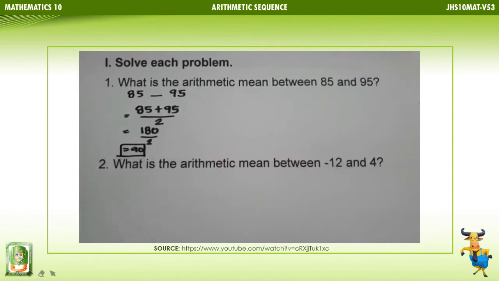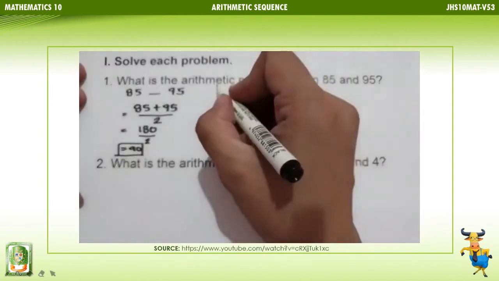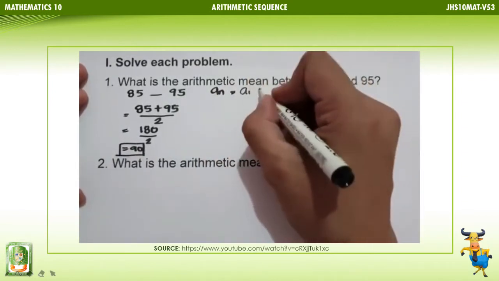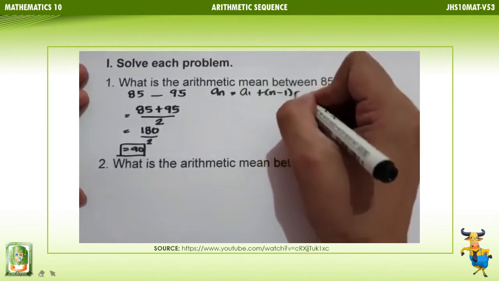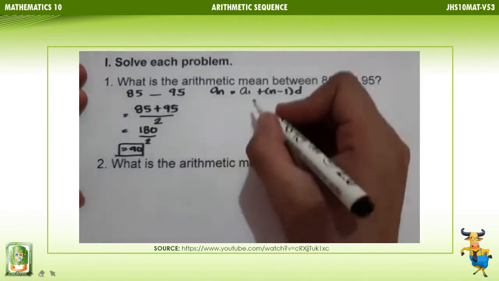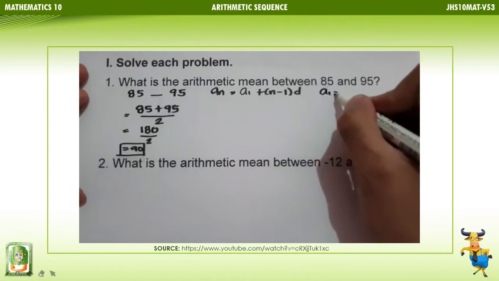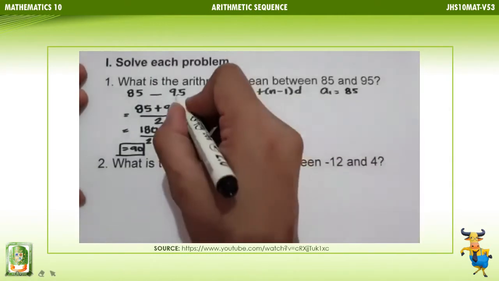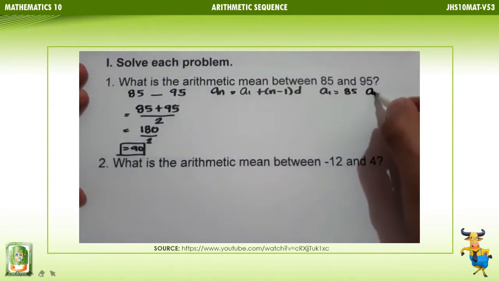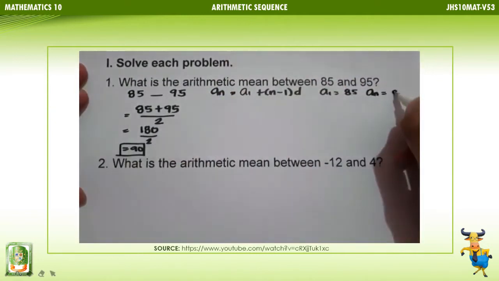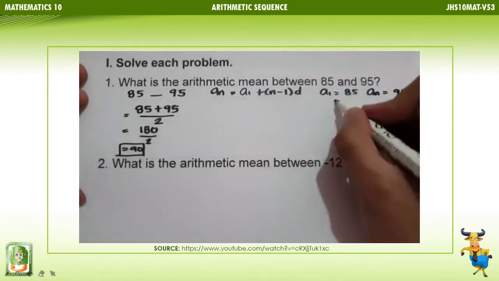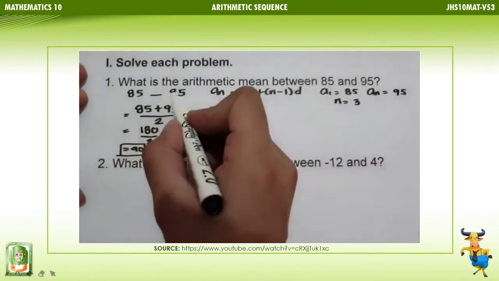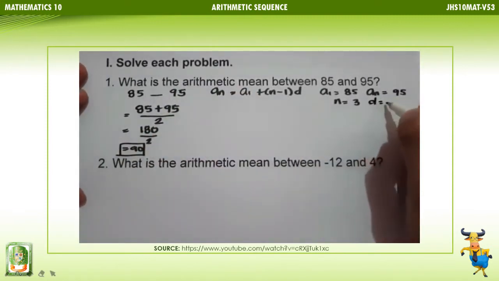Or you can use the formula for arithmetic sequence, that is a sub n equals a sub 1 plus n minus 1 times d, wherein a sub 1 will be the first term, that is 85, and then a sub n, that is the last term, which is 95, and then n, that is 3, because we have 3 terms, 1, 2, 3, and we are looking for the common difference.